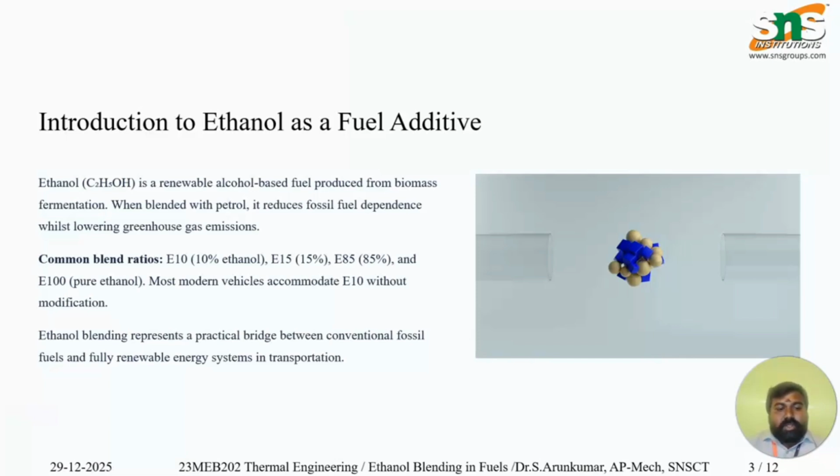Common blend ratios are E10, that means 10% ethanol, E15, 15% ethanol, E85, 85%, and E100, that is called pure ethanol. Most modern vehicles accommodate a ratio of 10% ethanol, called E10, without any modifications. Ethanol blending represents a practical bridge between conventional fossil fuels and a fully renewable energy system in the transportation system.